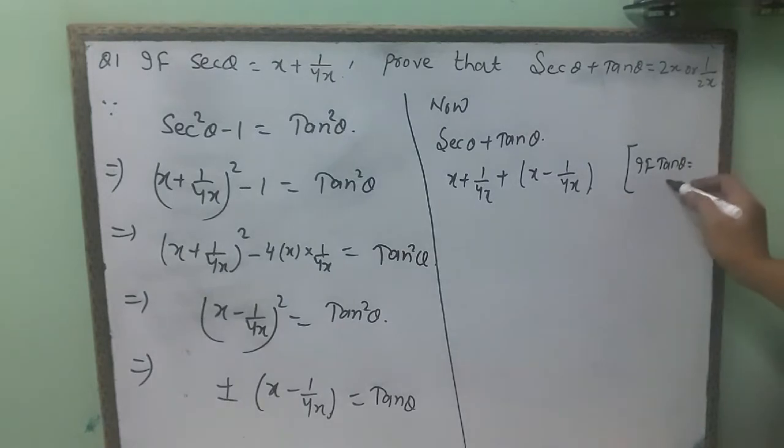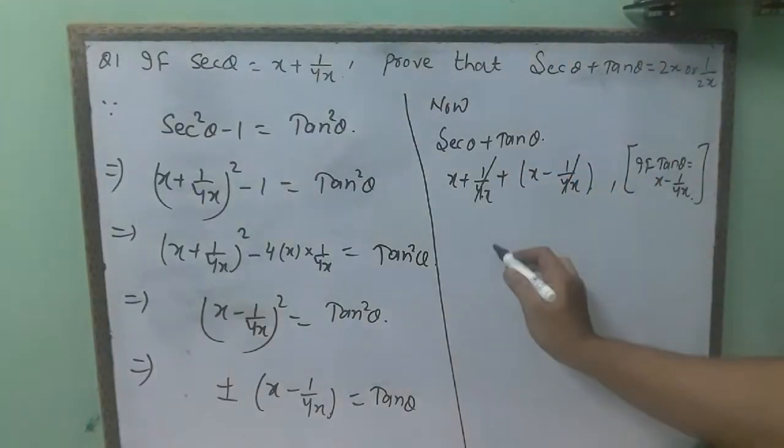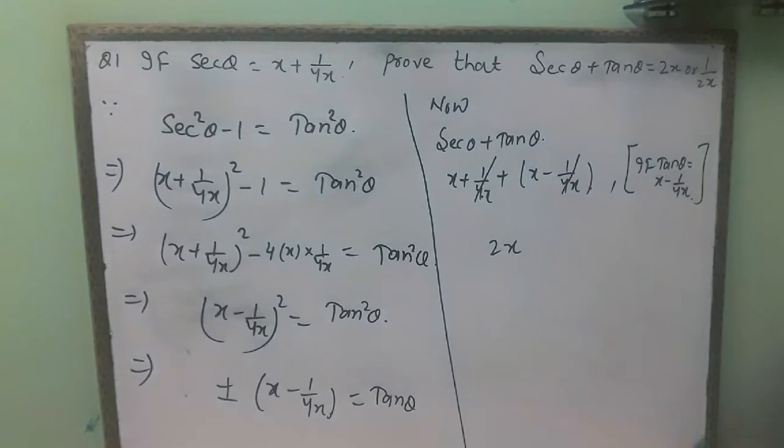Tan theta is equal to x minus 1 by 4x. Now see this one, this will be cancelled out, it will be 2x.